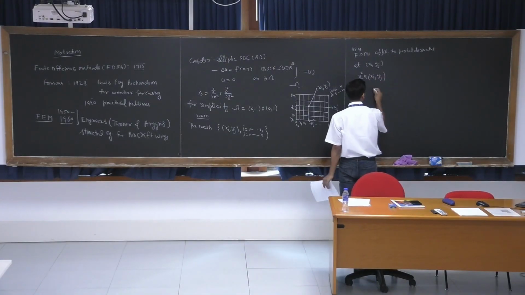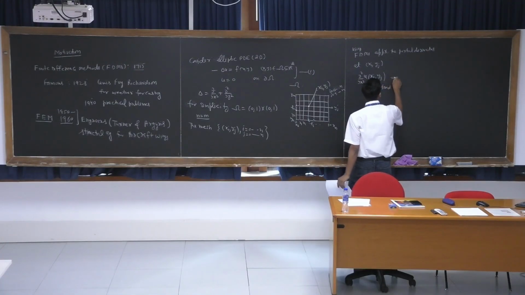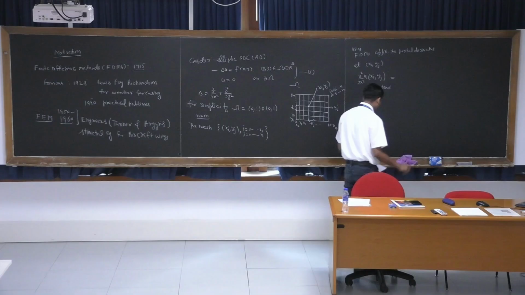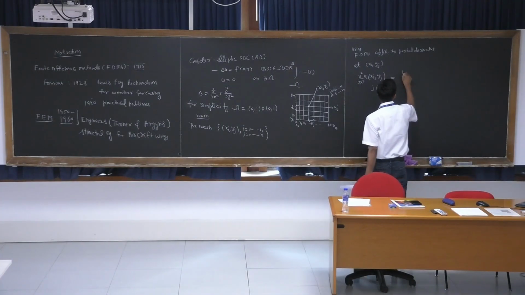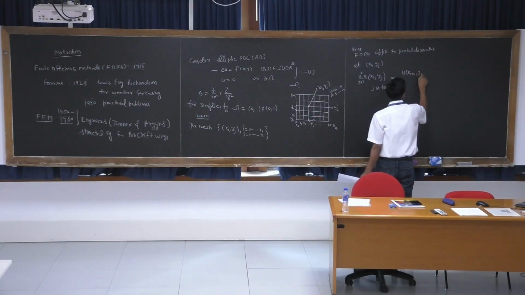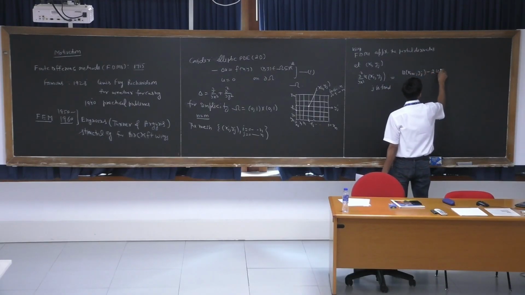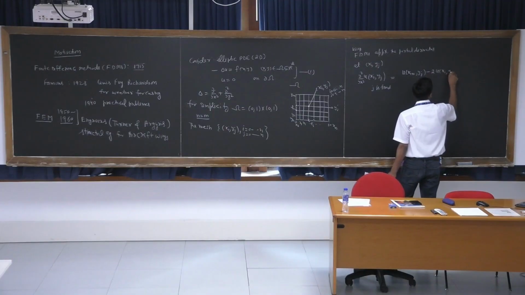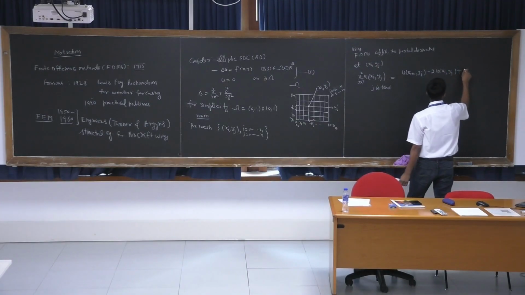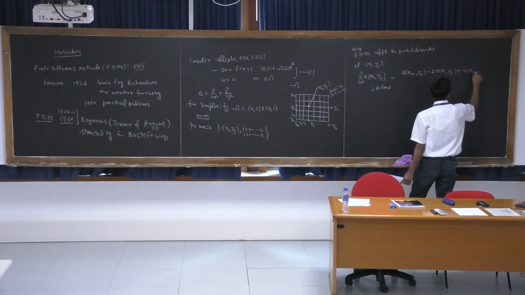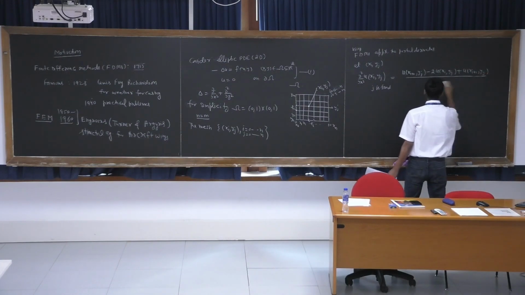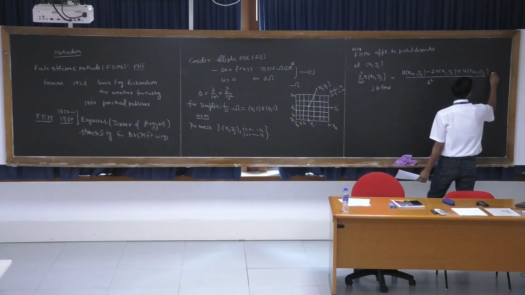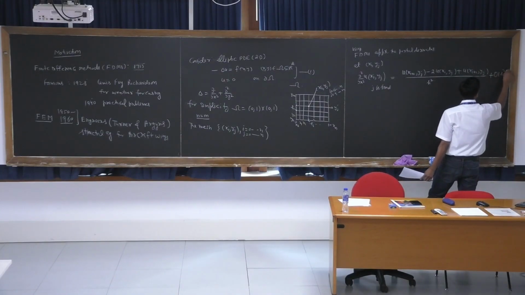Here I can say one thing: this j is fixed. This is approximated by u of xi minus 1, yj minus 2 u of xi, yj plus u of xi plus 1, yj, divided by h square, plus order of h square.